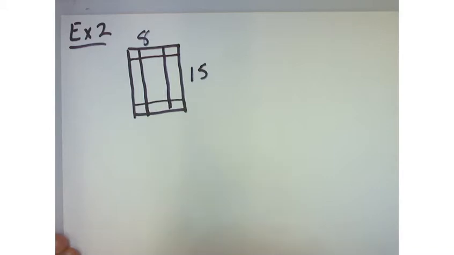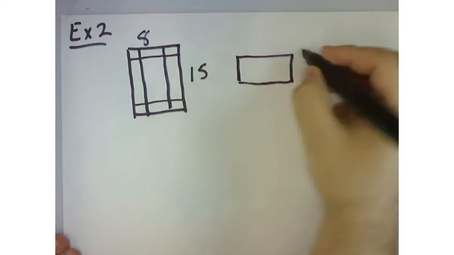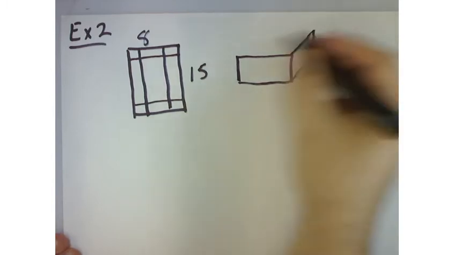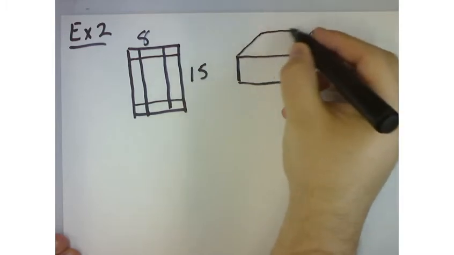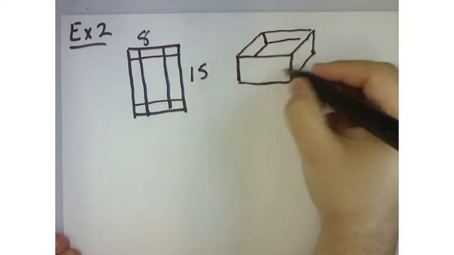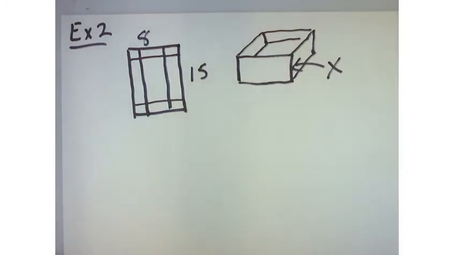So if I were to draw the box, the height of the box is x. Does that make sense?